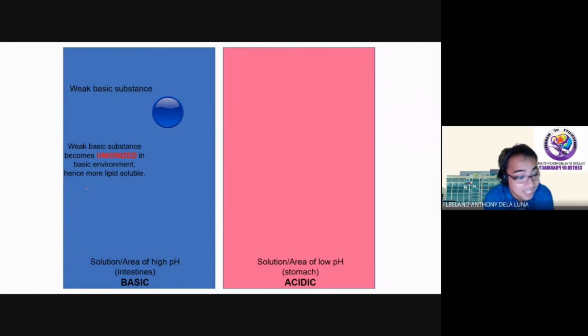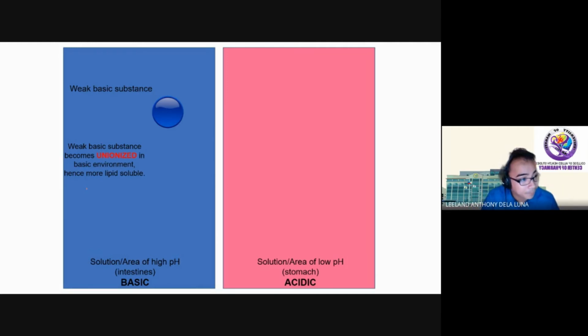Bakit siya unionized? Kasi hindi siya nag-dissociate. Nagets? Kasi base siya eh. In-expose mo ulit sa isang basic environment. Base sa base. Walang mangyayari sa kanila. So, they won't dissociate. So, therefore, they remain unionized. Nagets? Si salt kanina, kaya siya naging ionized kasi maghihiwalay ang kanyang positive and negative charges once exposed to water.